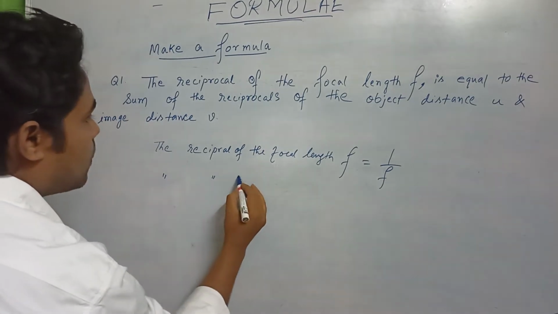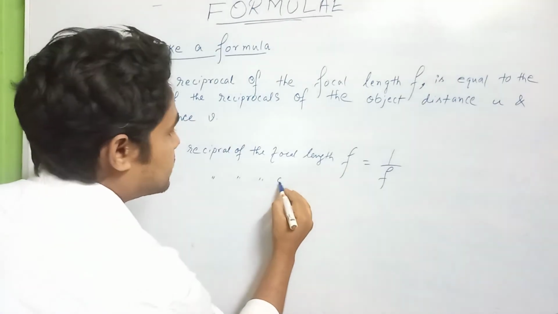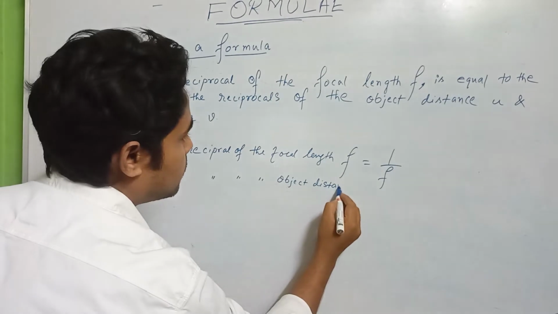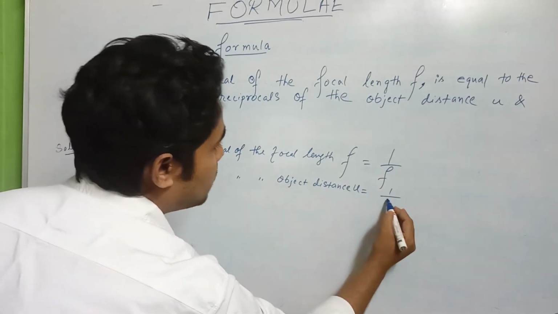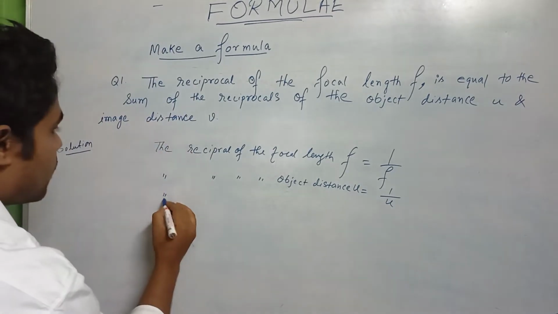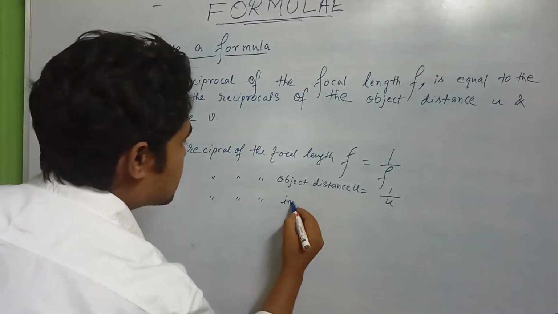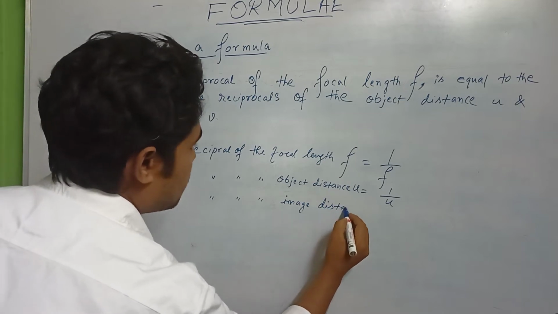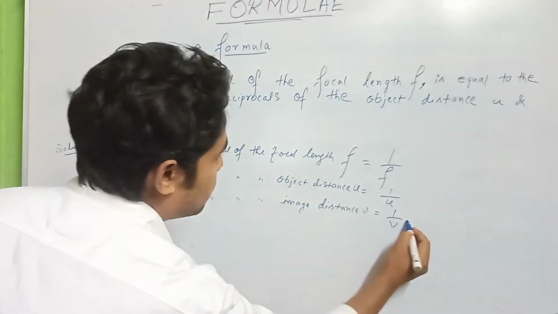The reciprocal of the object distance u equal to 1 by u, and the reciprocal of the image distance v equal to 1 by v.